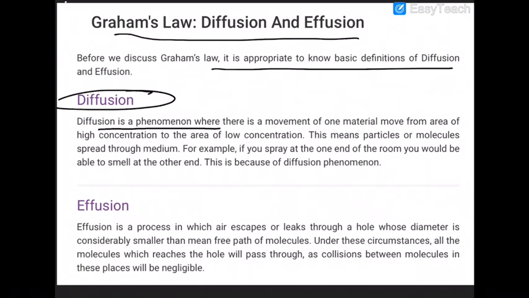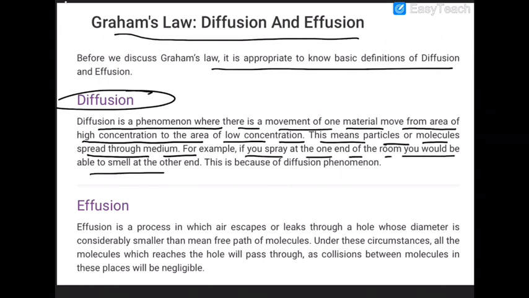Diffusion is the phenomenon where there is a movement of one material from the area of high concentration to the area of low concentration. This means particles or molecules spread through a medium.